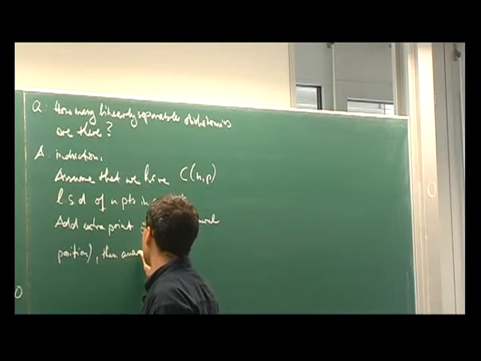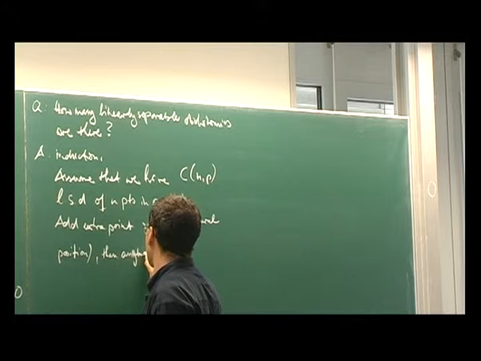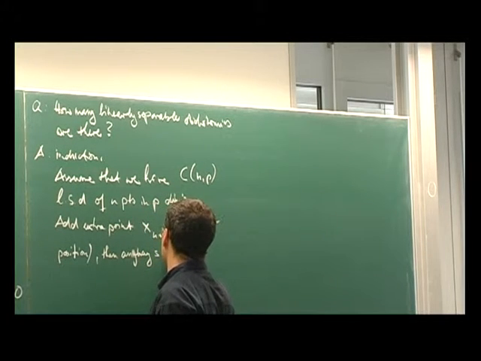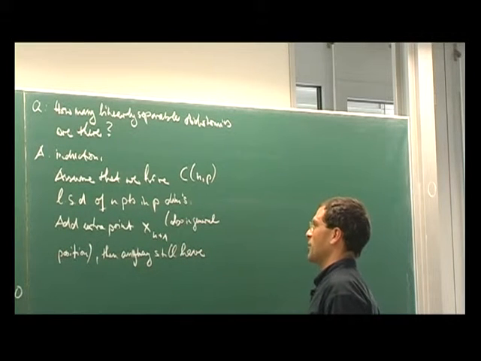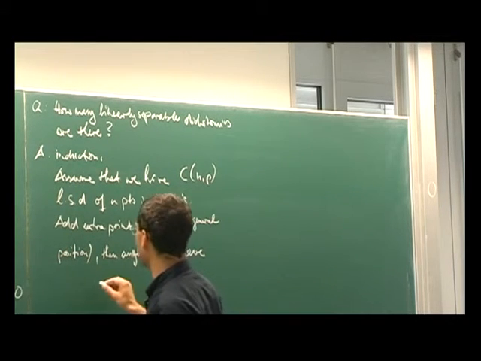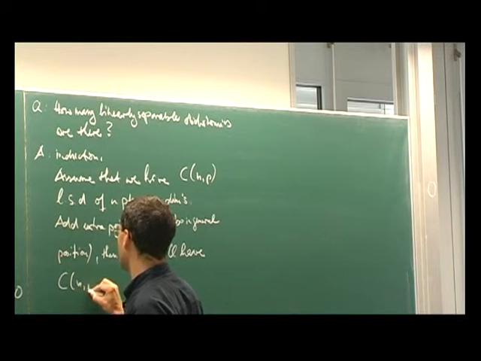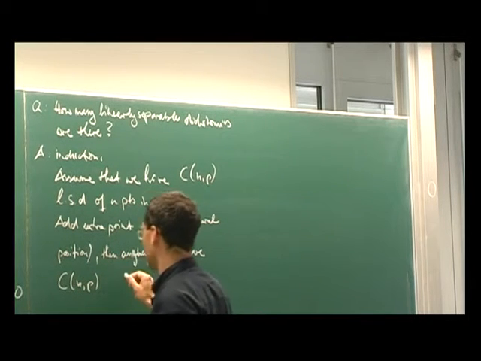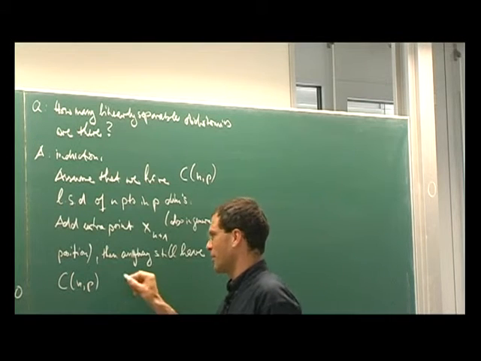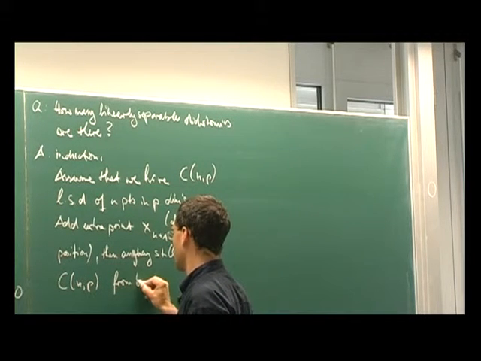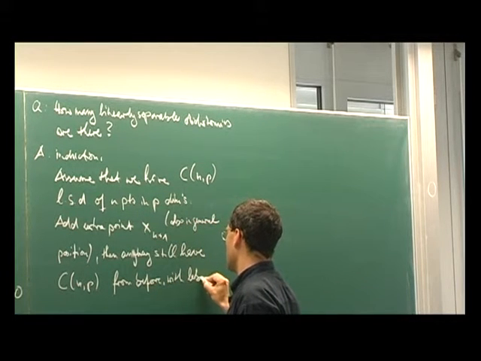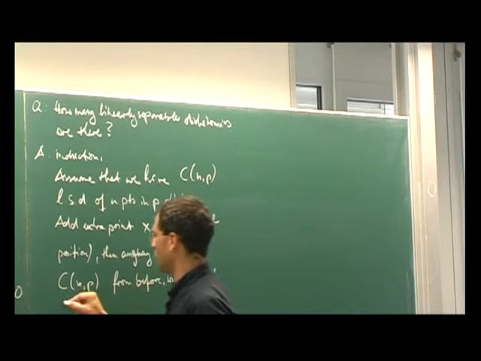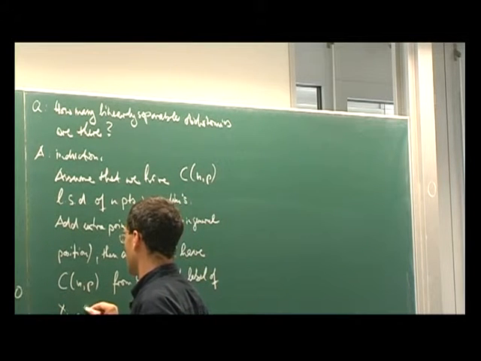The answer is that, on the one hand, we keep all the linearly separable dichotomies that we had before, so we still have C(N,P), and the explanation is from before, with the label of our new observation N plus 1 suitably chosen.